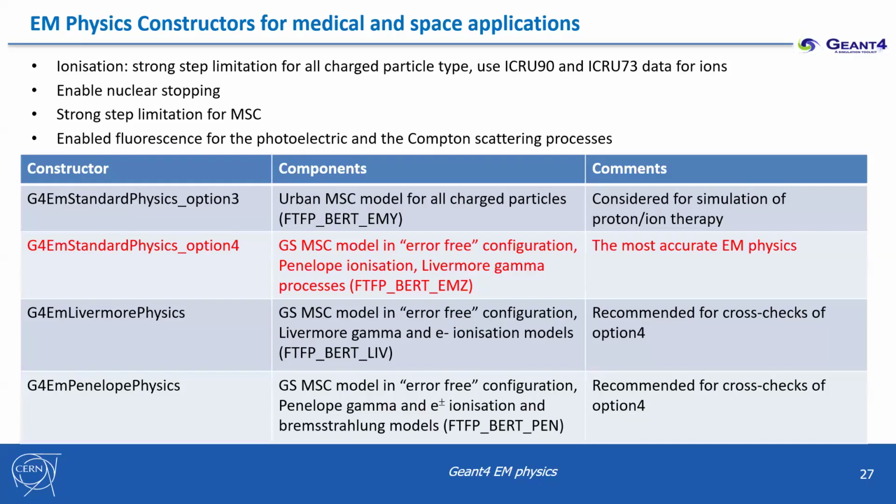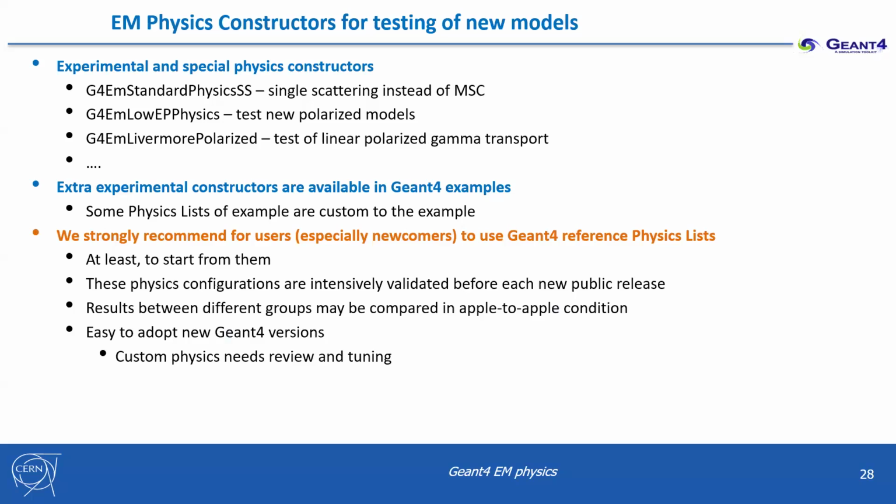And this list is recommended for a simulation of proton and ion therapy. There are also two physics lists, Livermore and Penelope, that use a different low energy model. And we recommend them for cross checks of option 4 and option 3 variants of electromagnetic physics.